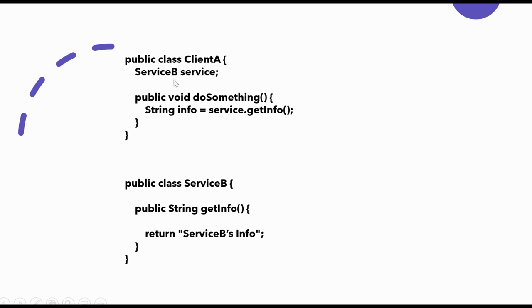So in Java, before we can use methods of other classes, we first need to create the object of that class. For calling the method getInfo, first we need to create the object of the Service B class, so that we can call the method getInfo.